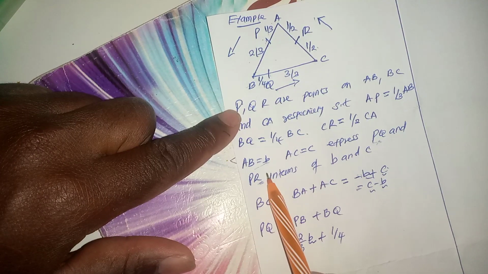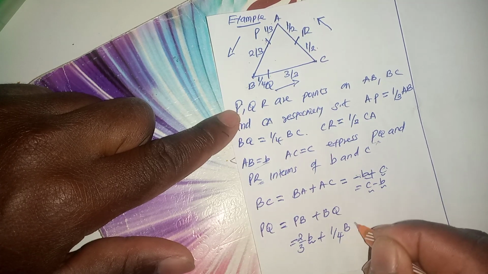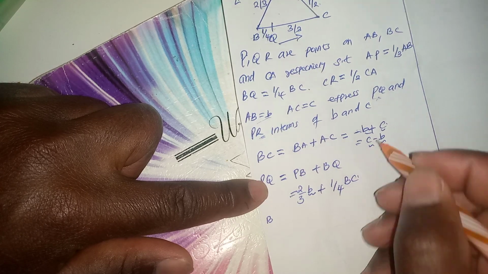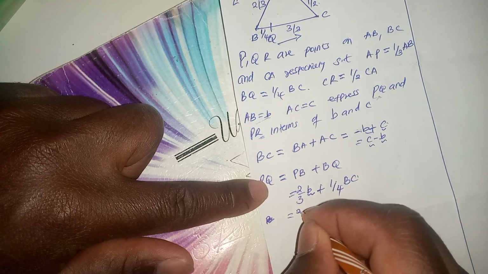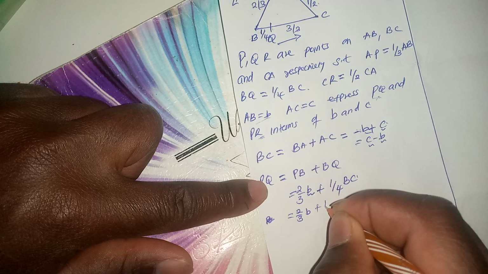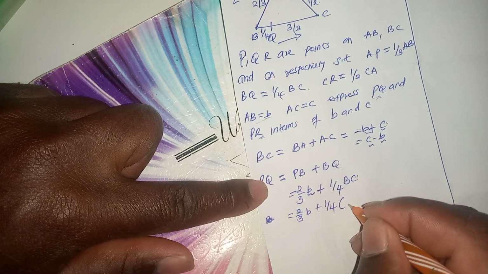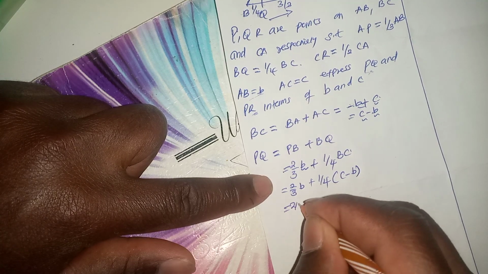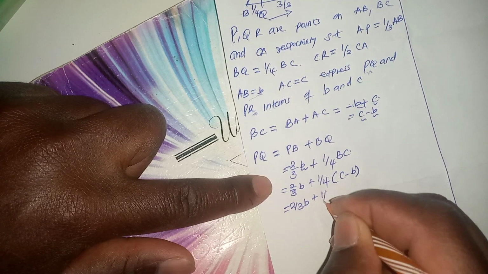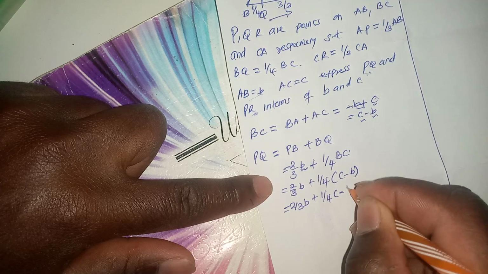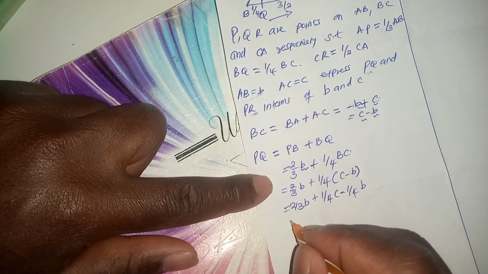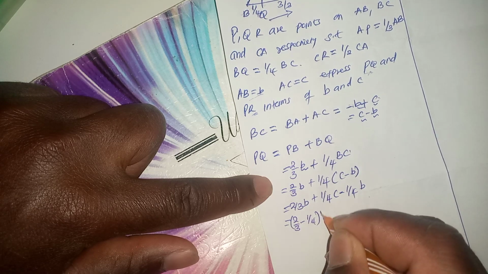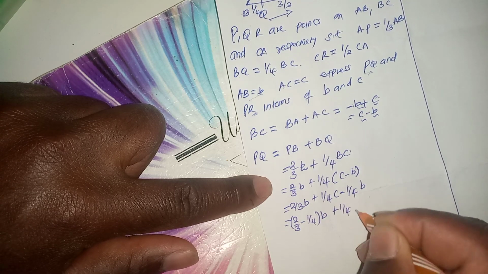We had found BC already, so it is 2/3 b plus a quarter into C minus B. So it is 2/3 b plus a quarter C minus a quarter B. This implies it is 2/3 minus a quarter, times B, plus a quarter C.